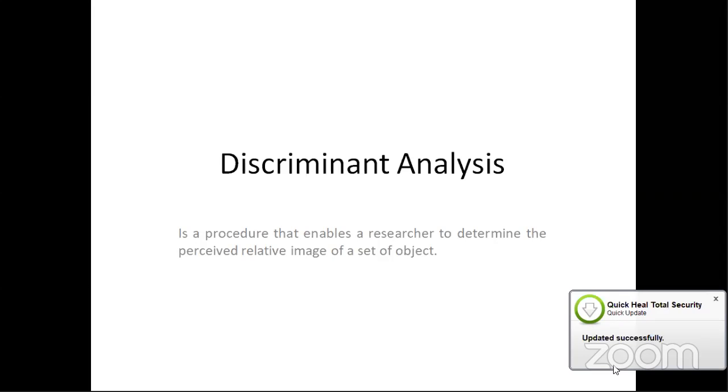In multiple regression analysis we have some statistics like the coefficient of determination, that is R square. R square explains how much variation of the dependent variable can be explained by the independent variables. The same thing we have in discriminant analysis, only the name is different.